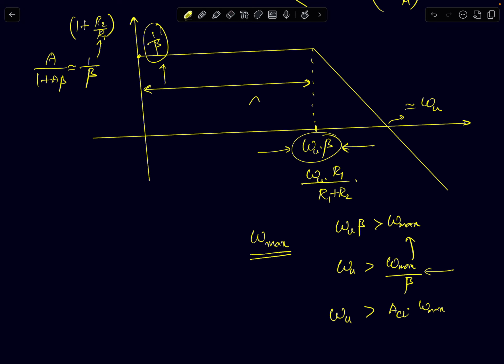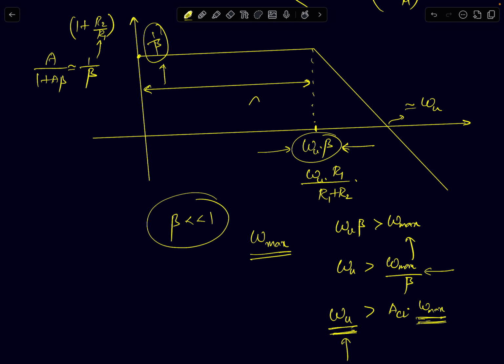Okay, so this again tells you that if your beta is really small, the feedback factor is very small, then you need very high UGB as well. If you want it to operate over a wide range of frequencies, you need high UGB.